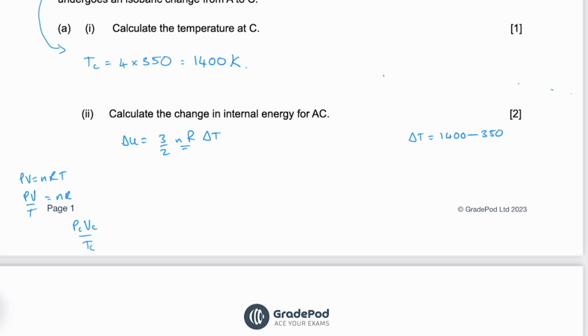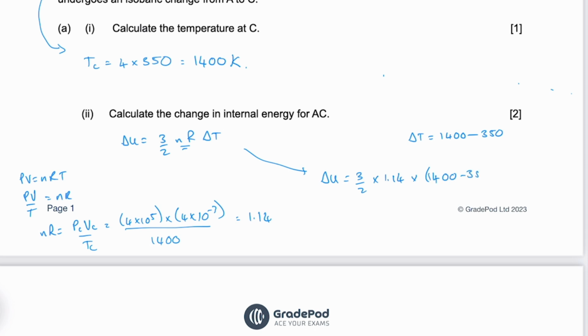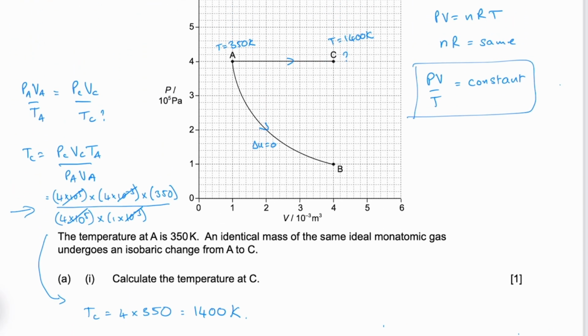PC VC over TC is equal to 1.14. Now we can finish off this equation: delta U equals 3 over 2 times 1.14 times 1400 minus 350, and that gives us a value of 1800 joules. Again, I'm going to pop that on the diagram just to remind us what's going on.